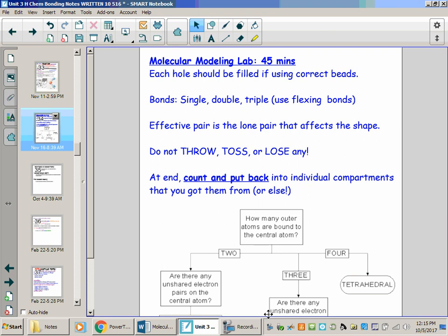Color means unconditional. Okay. And then that one was CS2, carbon sulfur 2. That one is hydrogen 2.